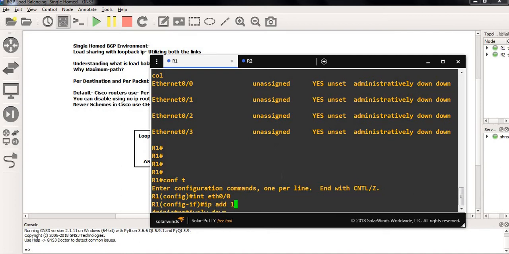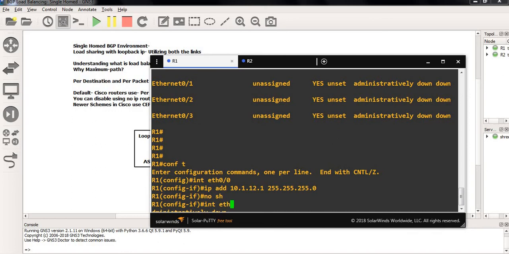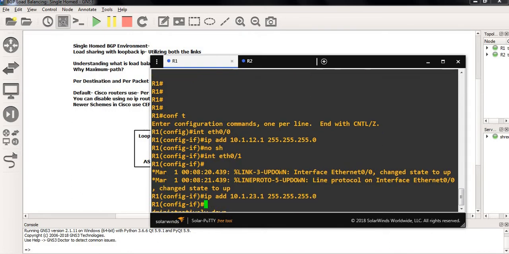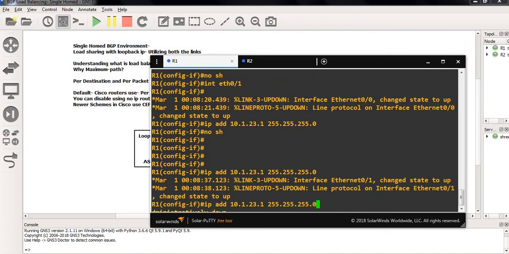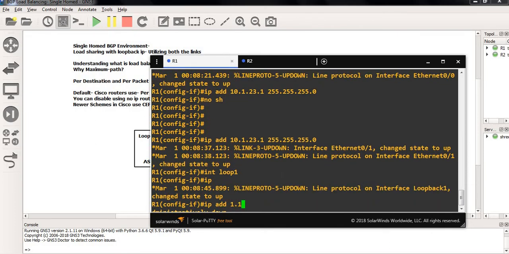IP address 10.1.12.1, interface Ethernet 0/1, 10.1.23.1. Okay, so I have these two interfaces configured. Interface loopback 1, I'll configure IP address 1.1.1.1.